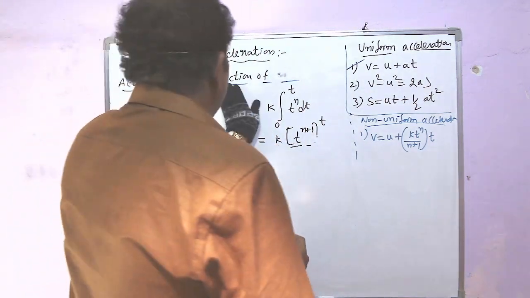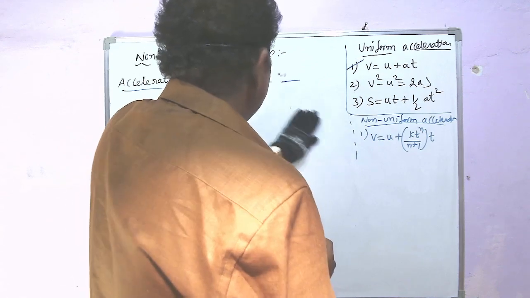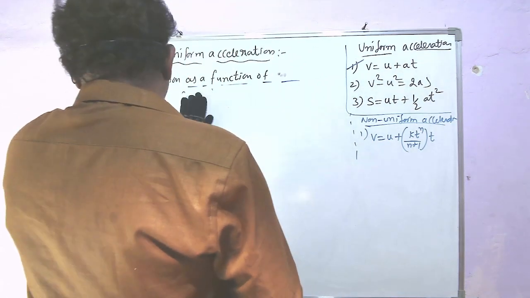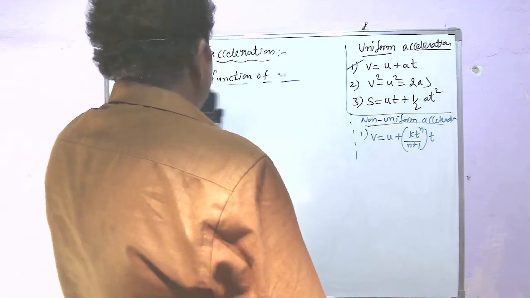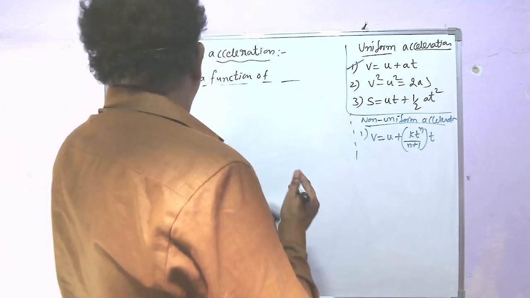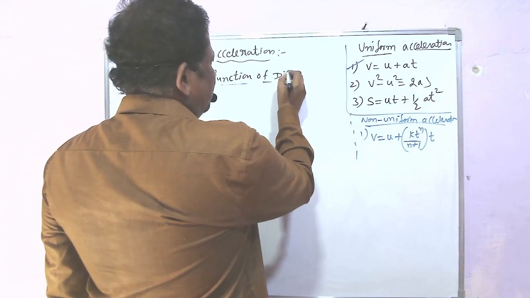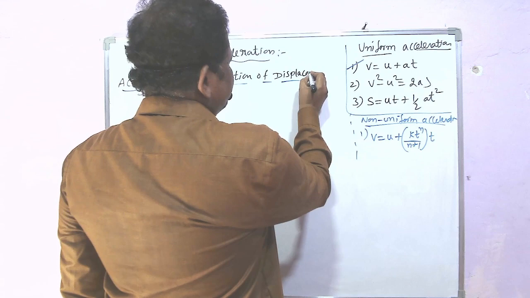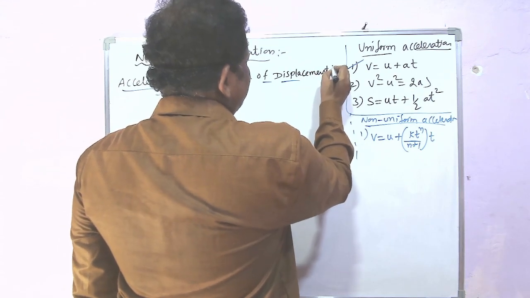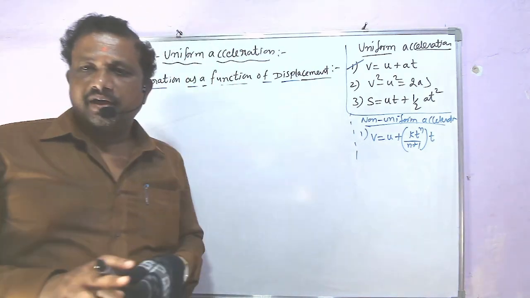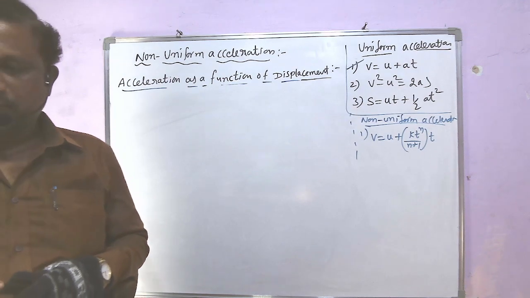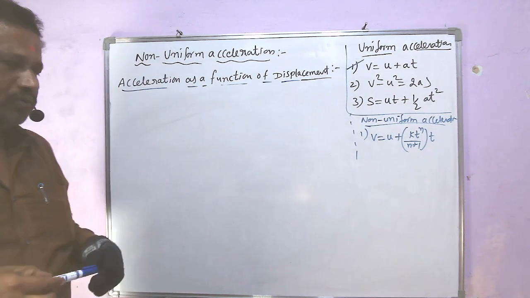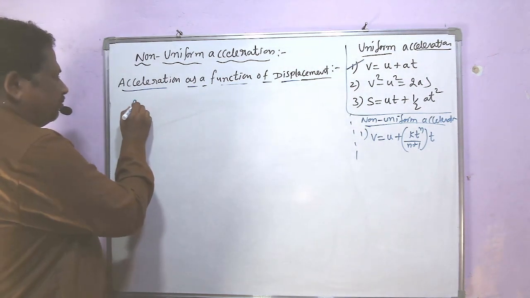So a is directly proportional to f of x. So a is equal to k into f of x. Let f of x is equal to x power n. So a is equal to k into x power n.